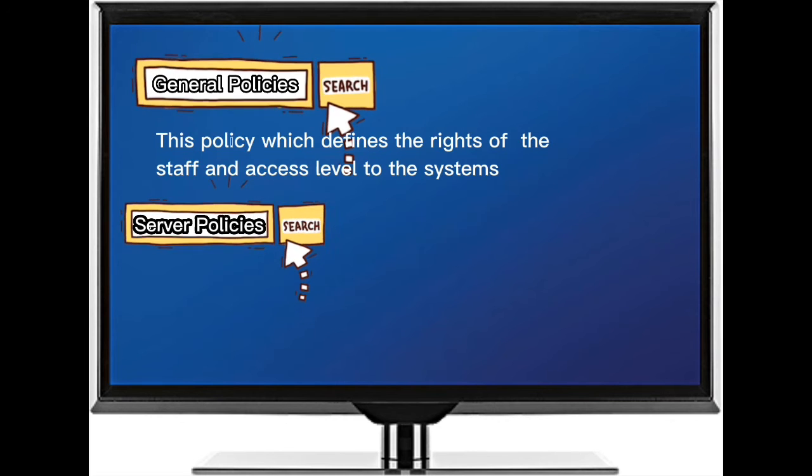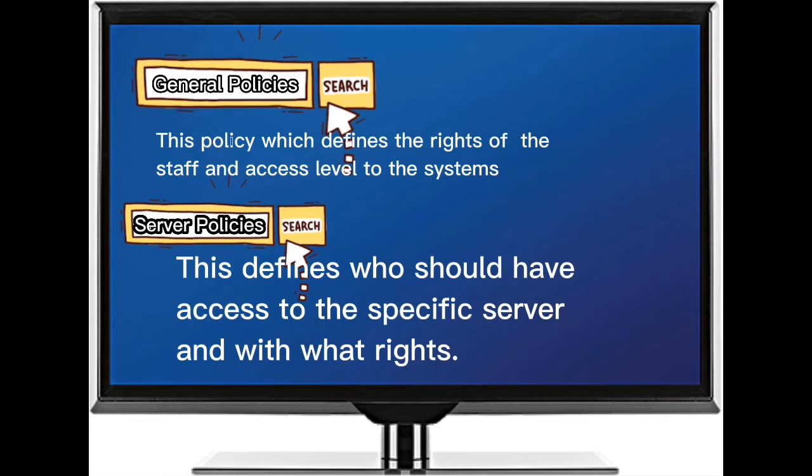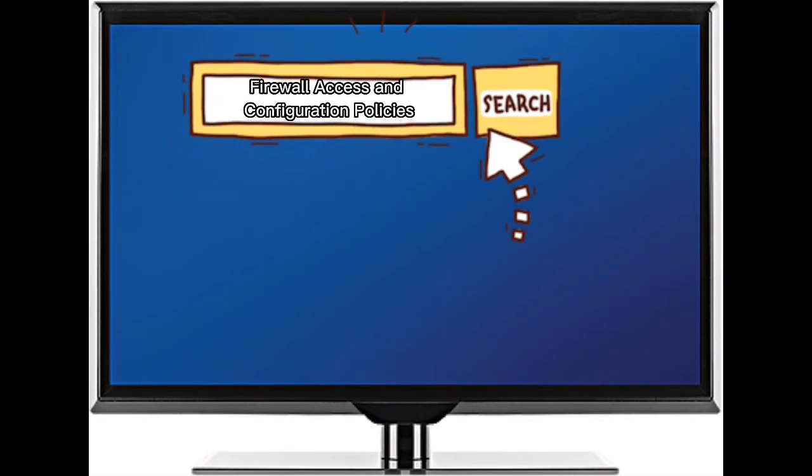Server policies. This defines who should have access to a specific server and with what rights, which software should be installed, level of access to the internet, and how they should be updated. Firewall access and configuration policies.